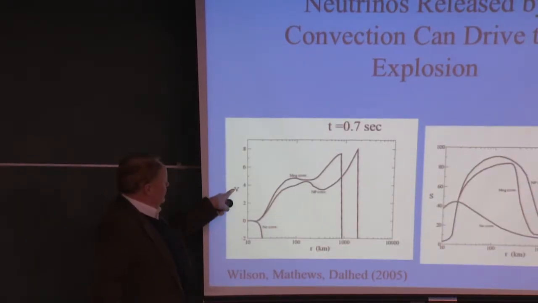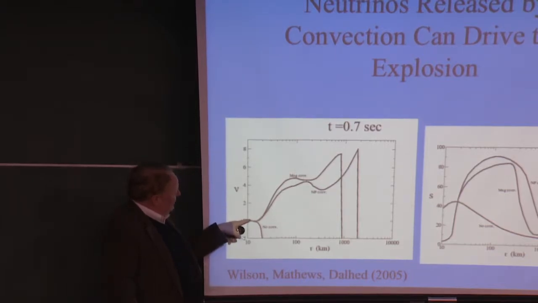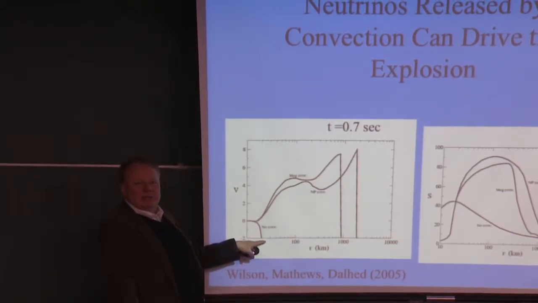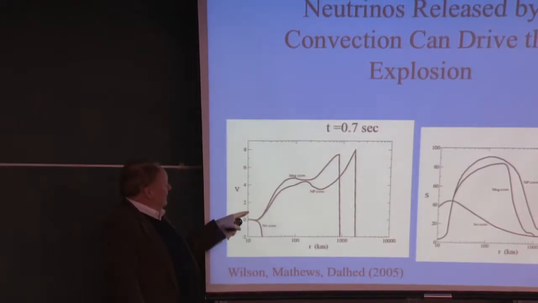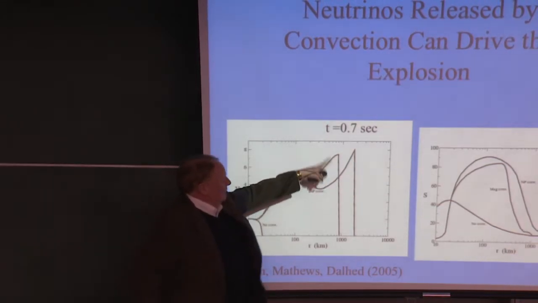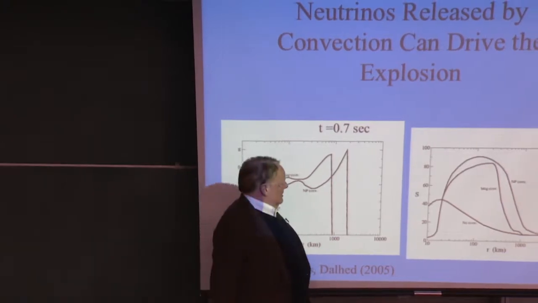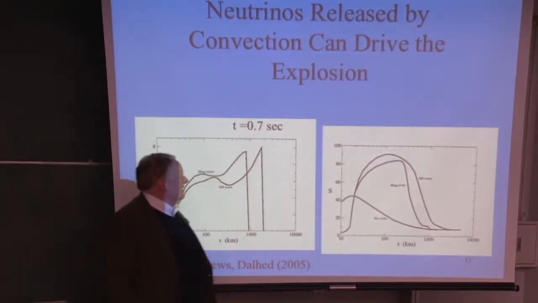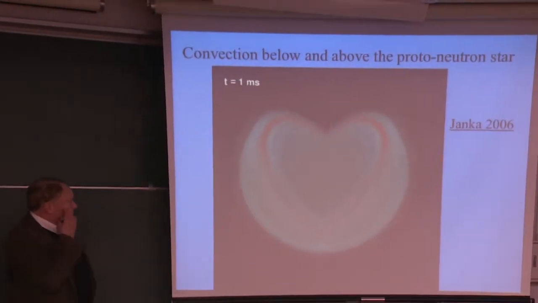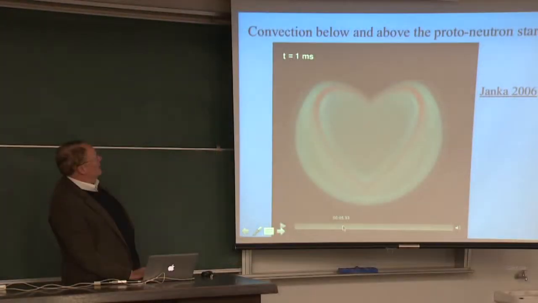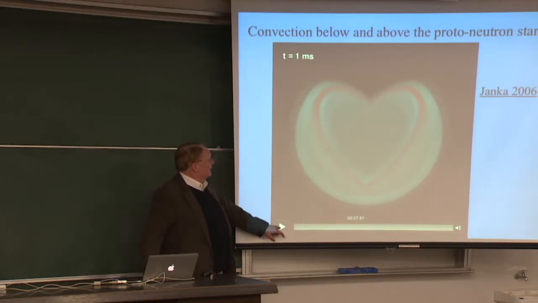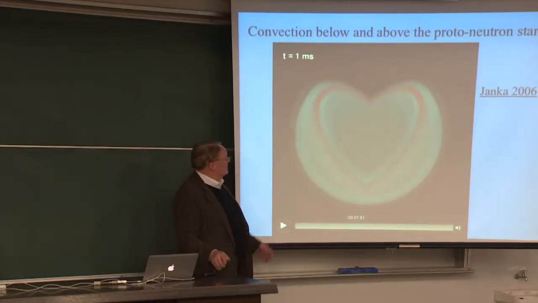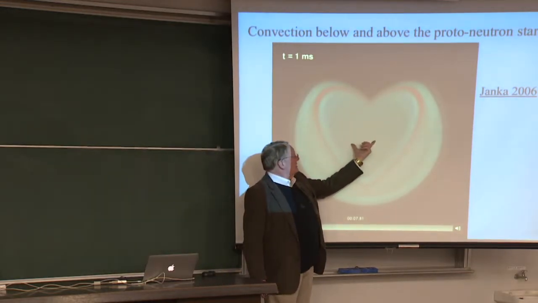So, for example, here's the velocity. Without convection, the star just collapsed back down, became a black hole. But with convection, it goes on and forms a regular shock. This is entropy, not as important, but the example of the temperature. Here's what you would have seen, if I could get it running, is this is before it collapsed. There'd be a neutron star forming.